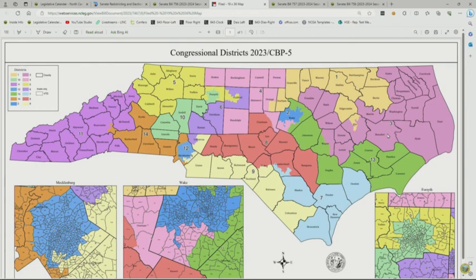Racial data was not used in the drafting of this plan. There were just 13 total VTD splits in this map. All the districts are compact. Member residence was considered in the drawing of the map. County lines, VTDs, and municipal boundaries were considered when possible to form districts that do not split these existing political subdivisions.